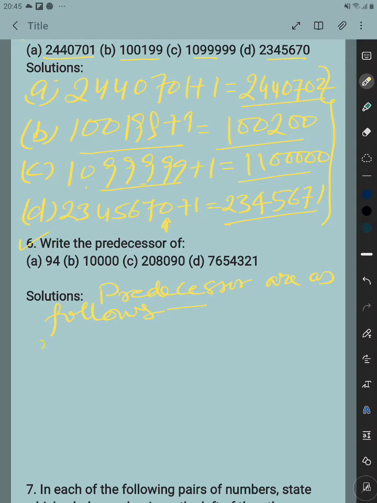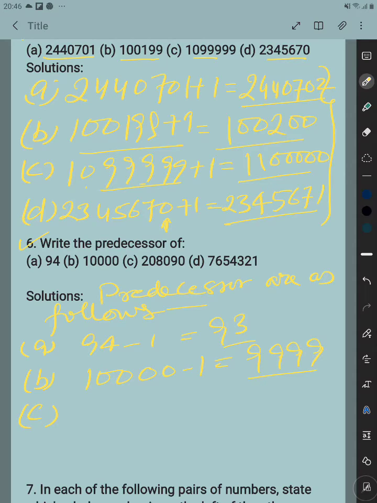Part A, 94 minus 1 will be 93. 93 is the predecessor. Similarly for part B, this is 10,000. From 10,000, if you subtract 1, you will get 9,999. So this is the predecessor.